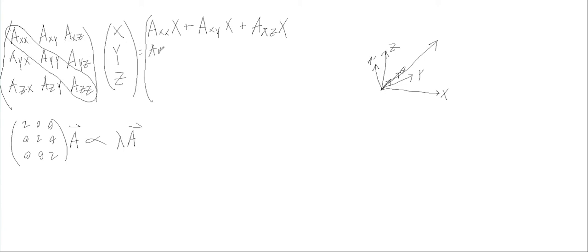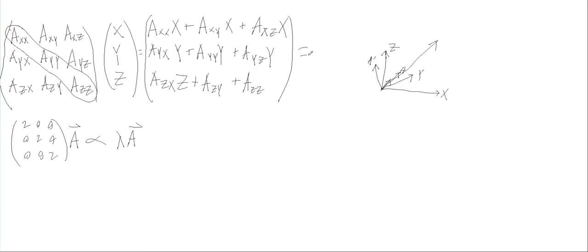So a_yx times x plus a_yy times y plus a_yz times z, and that's how much this y is changing. So we're changing it in the x direction, in the y direction, and in the z direction. Then we do the same thing here for the z, so a_zx times x plus a_zy times y plus a_zz times z.